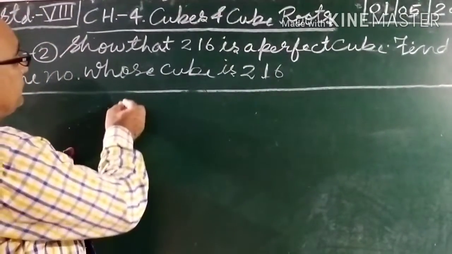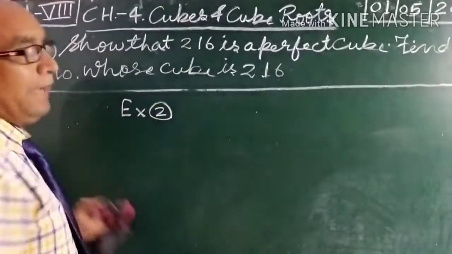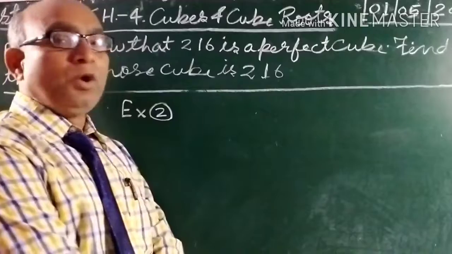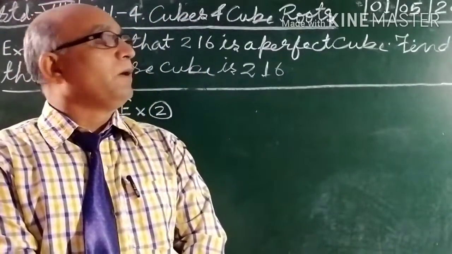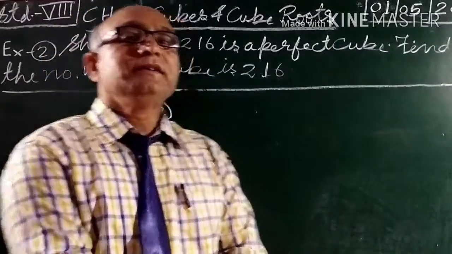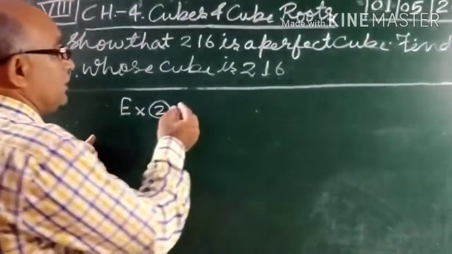One example, example 2. Write on your board: show that 216 is a perfect cube. Find the number whose cube is 216.